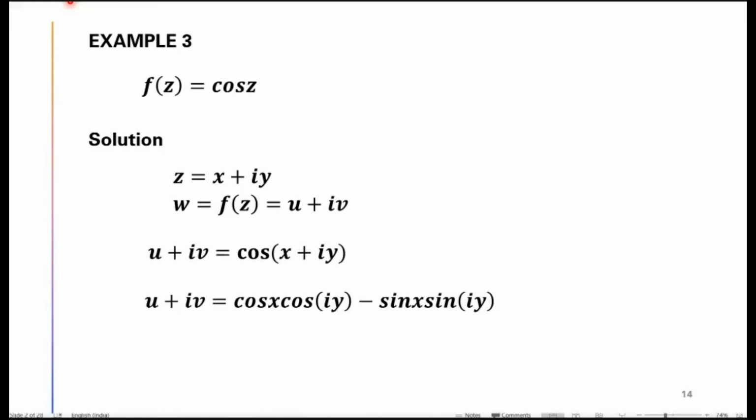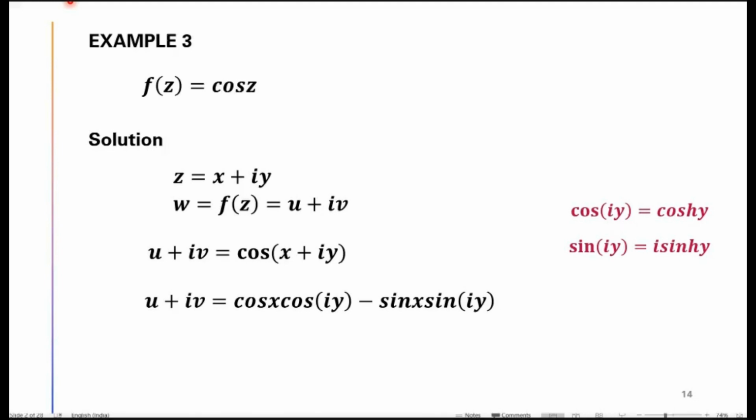Cos of iy, I don't know how many of you remember that formula. Okay, very good. Cos iy is cosh y and sin iy is i sinh y. So these are the formulas we used in the hyperbolic functions.